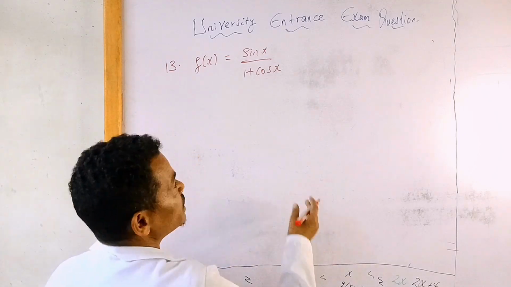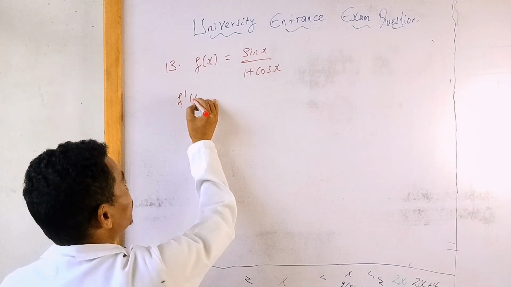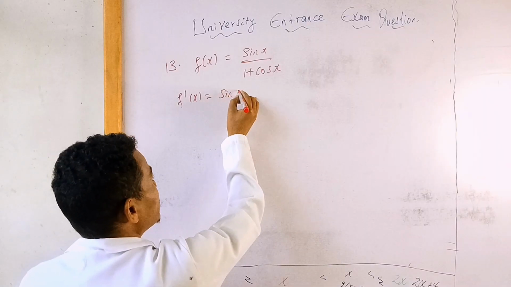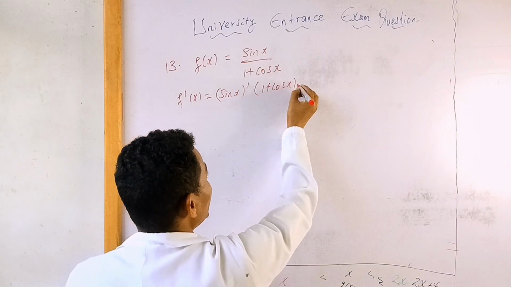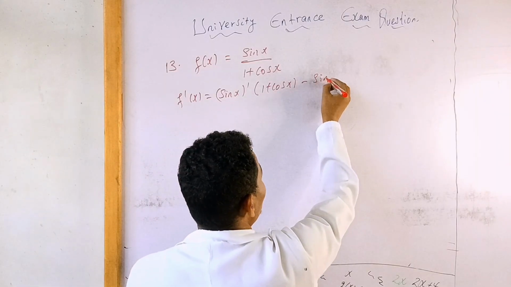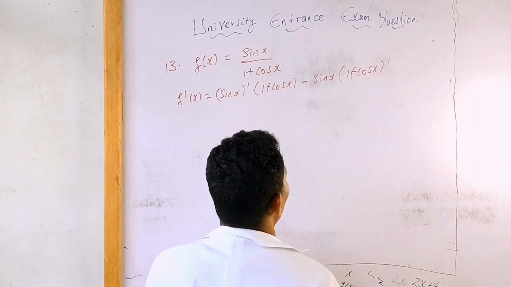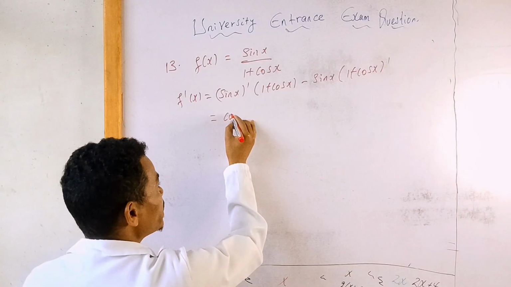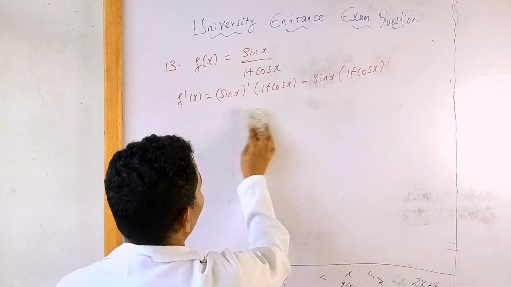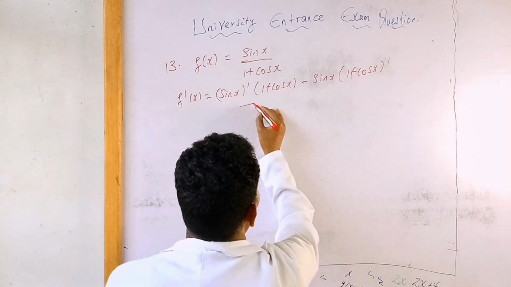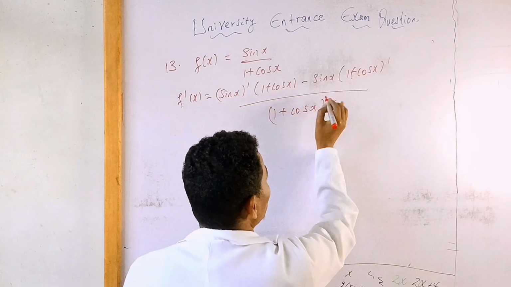We just apply the quotient rule. f derivative at x is equal to sin x derivative times 1 plus cos x, minus sin x times the derivative of 1 plus cos x, over 1 plus cos x the whole square.